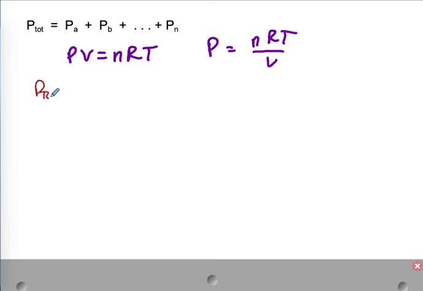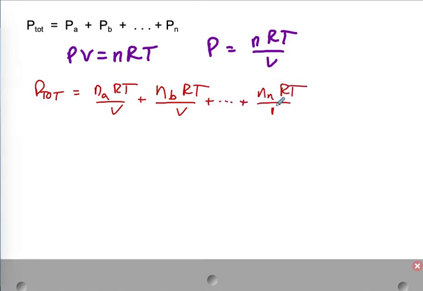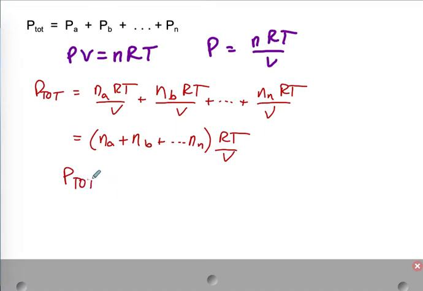So I can say that the total pressure is equal to the moles of gas A times RT over V plus the moles of gas B times RT over V plus ... up to the moles of gas N times RT over V. So if I were to factor out RT over V, I see that the total pressure equals n_A plus n_B plus ... up to moles of N, times RT over V, or more succinctly, the total pressure is equal to the total moles times RT over V. And that's a pretty important conclusion.